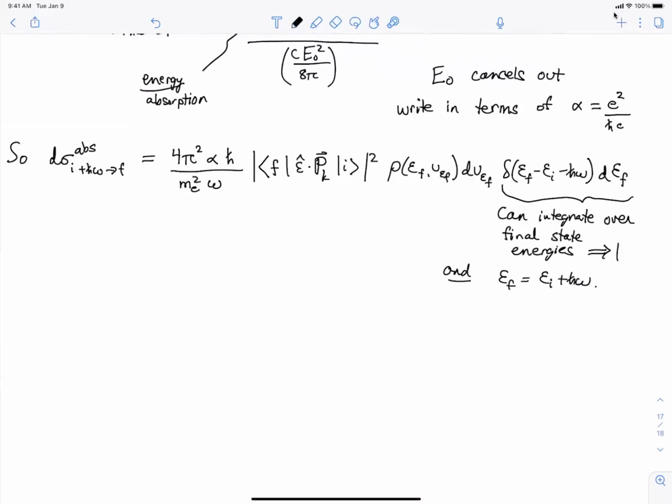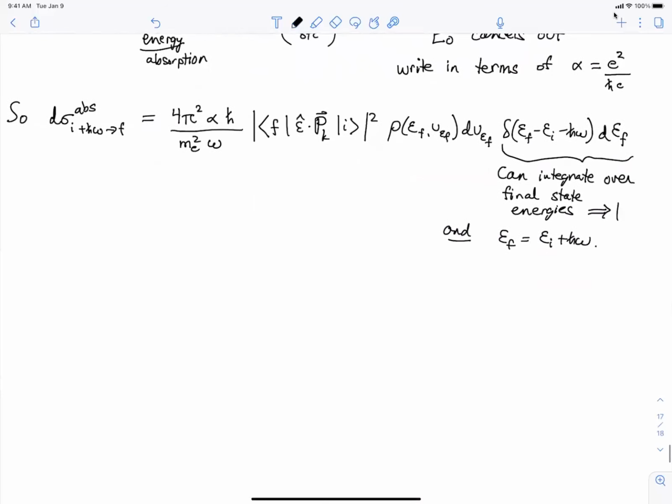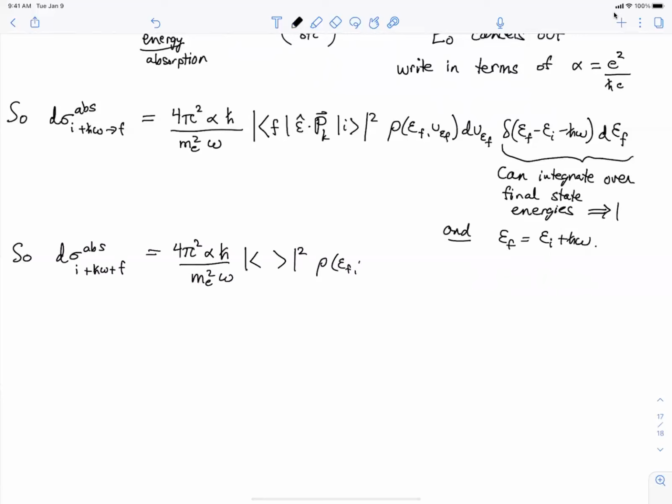Okay, so just to write this one more way, we now have our differential cross-section is 4 pi squared fine structure constant h bar over me squared omega. We have our matrix element squared that I'm not going to rewrite. We have our density of states.